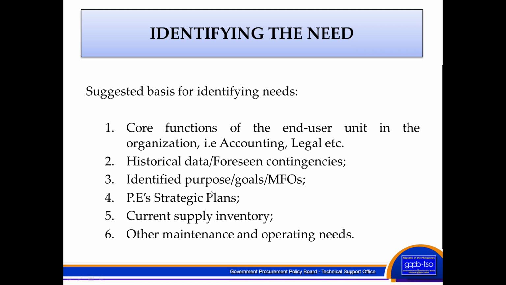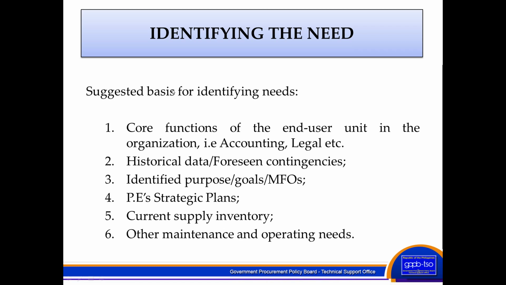And then number 5, current supply inventory. Of course, this data shall support their identification of the need, especially so that we always determine what is really needed and what could be duplicated in the future. And then lastly, other maintenance and operating needs.